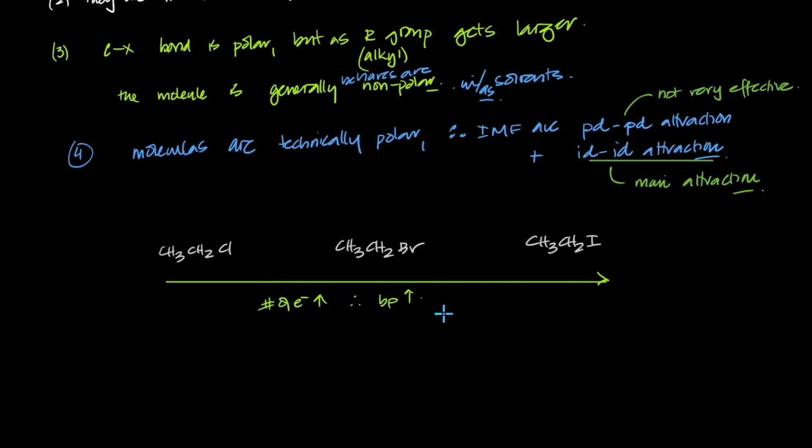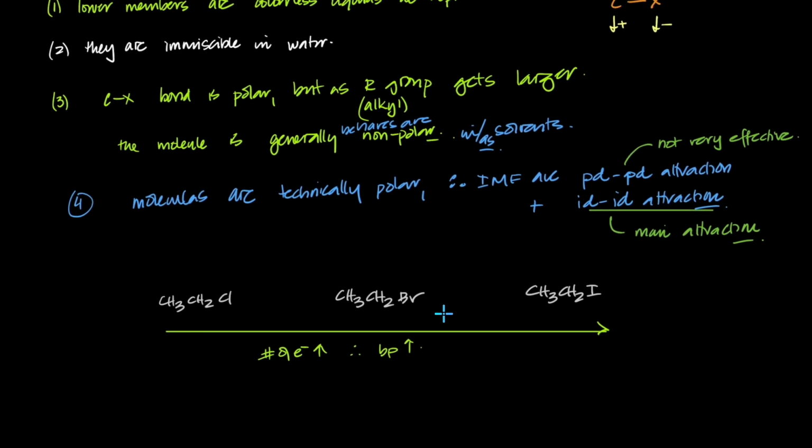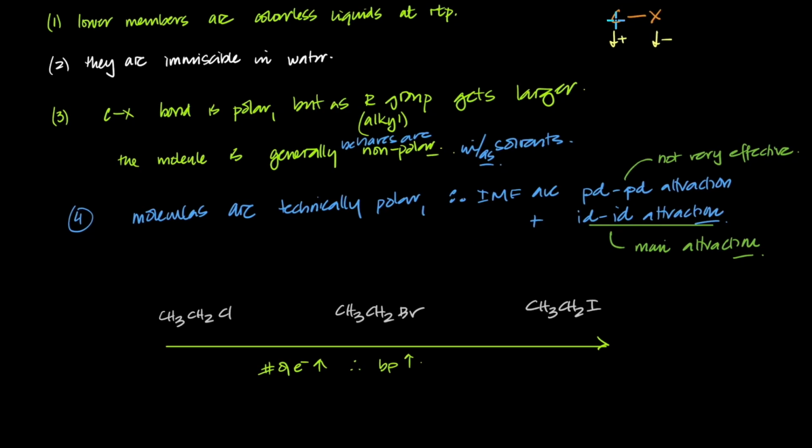The more electrons, the stronger the induced dipole attractions. The one thing to remember is that the carbon halogen bond is polar for reactions, but for physical properties the molecule is treated like a non-polar molecule.